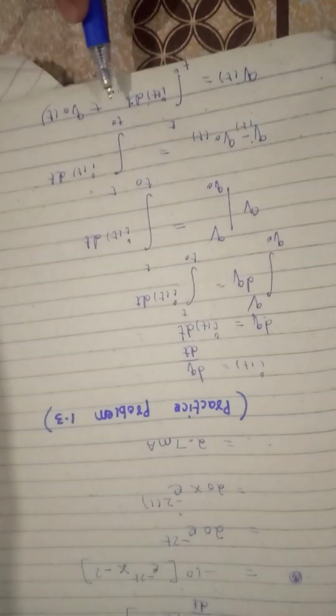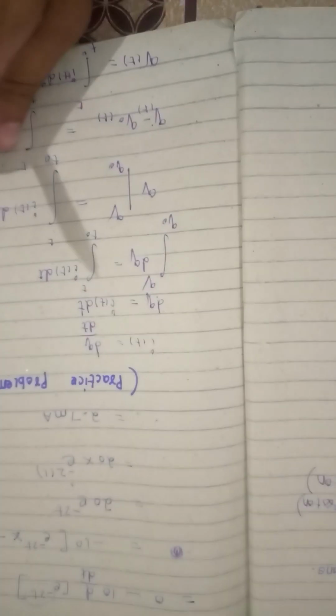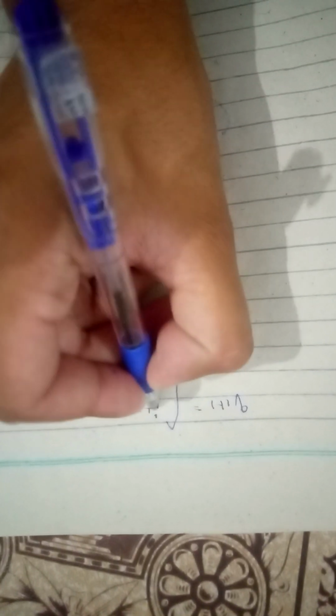So come to the problem, and we are using this formula: q of t is equal to the integration of i(t) dt with respect to t, from t naught to t, plus q of naught.